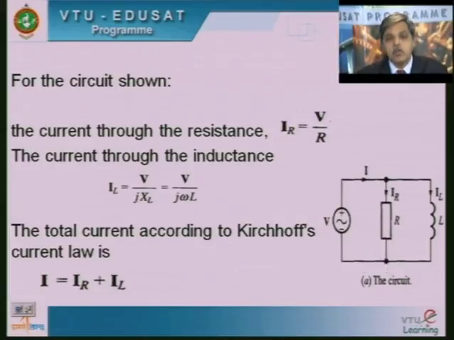Single node pair means there will be two nodes, one of which will be a common node, or the reference node. Therefore this circuit is a single node pair network wherein I am connecting a voltage source, resistor and the inductor, all three in parallel. So this parallel combination will have a common voltage and the current given by the voltage source is getting divided into two currents, the current through the resistor IR and the current through the inductor IL.